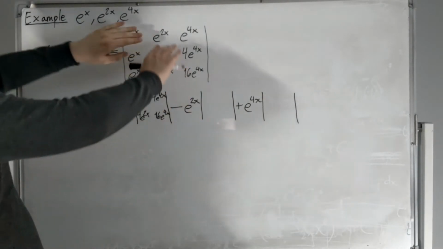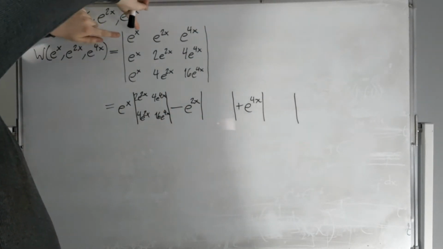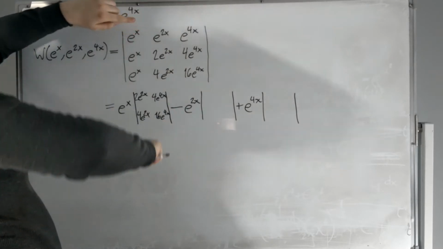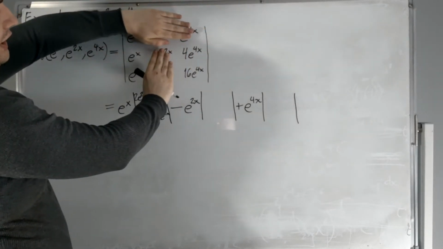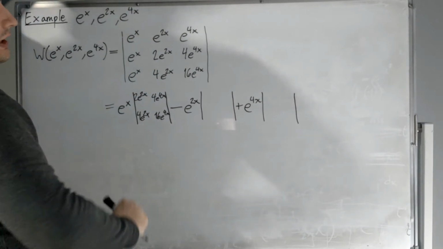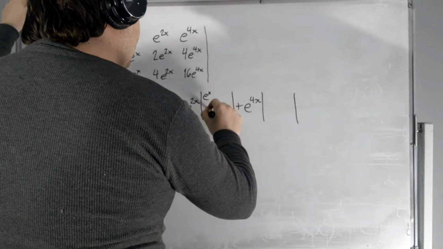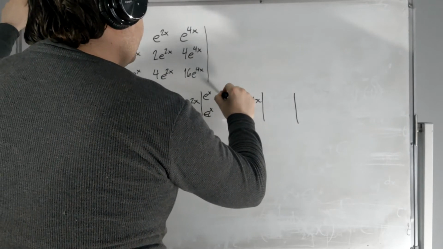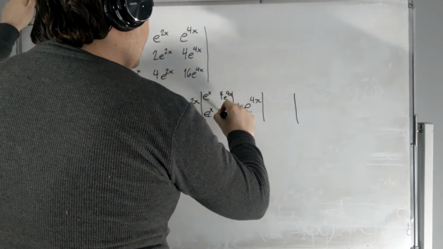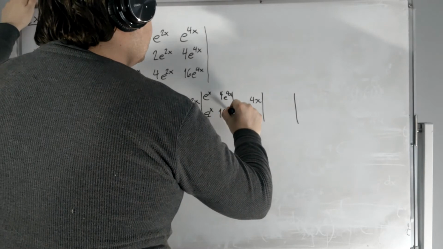Then the next one, we're going to do the same thing. We're going to take the row and column that contains e to the 2x and just delete it and write down the submatrix that we get. So that'll be e to the x, 4e to the 4x, and 16e to the 4x.